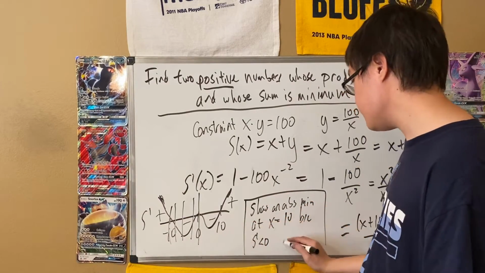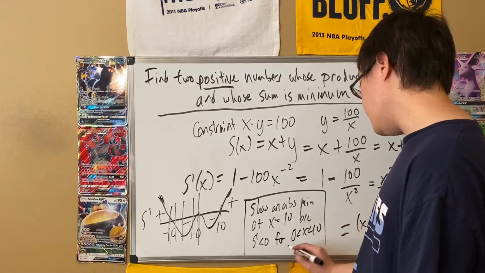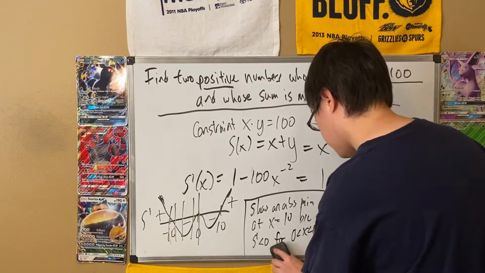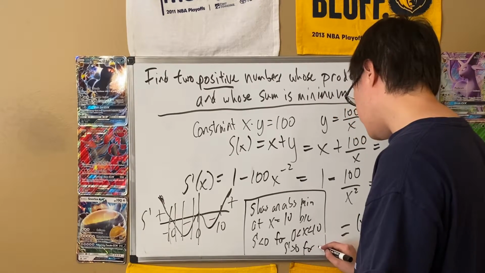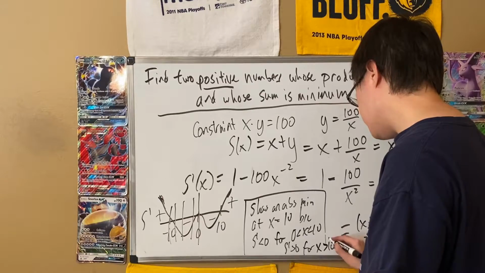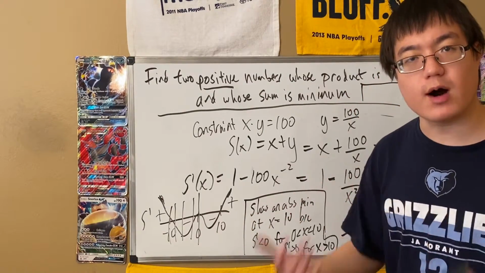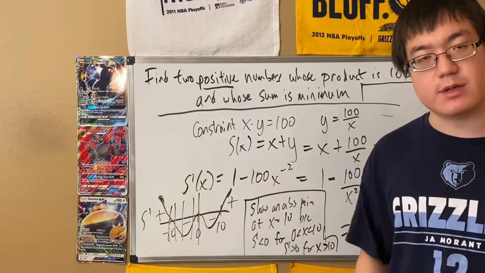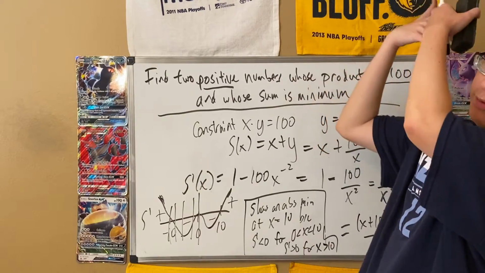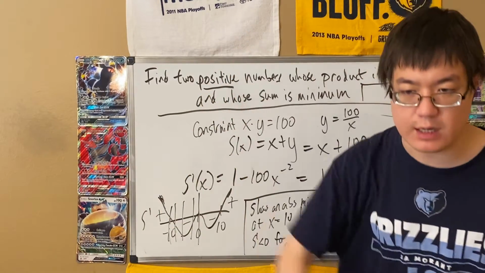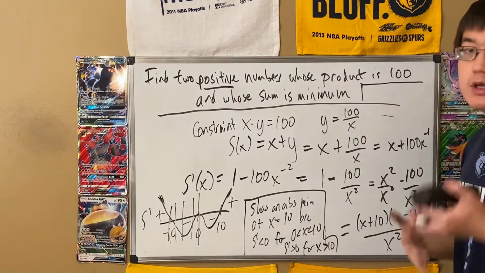That's from 0 to 10, and S prime is positive for x bigger than 10. Again, justifying this sign chart to make sure that I know why there's an absolute min there. It's because of this sentence right here. It only is negative, and then the derivative is only positive, so it has to be an absolute min at that point.